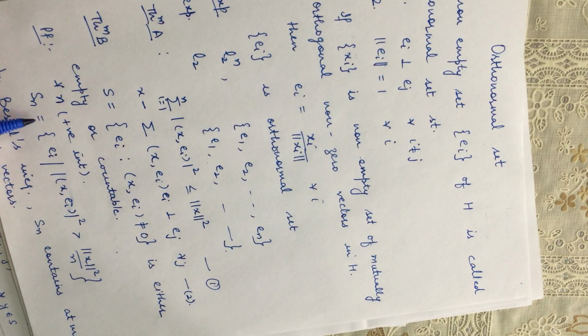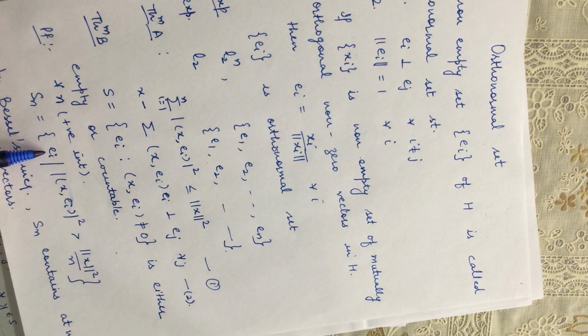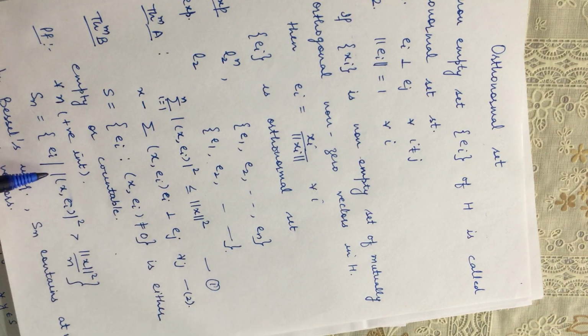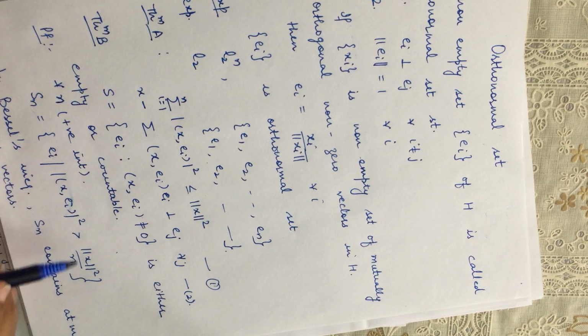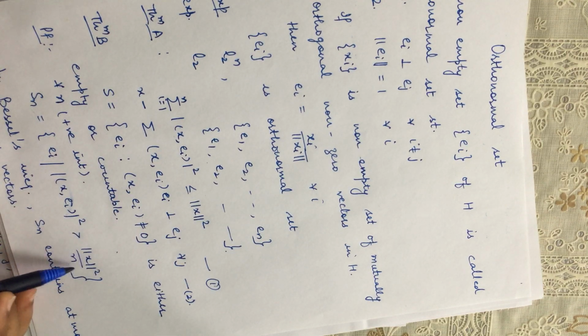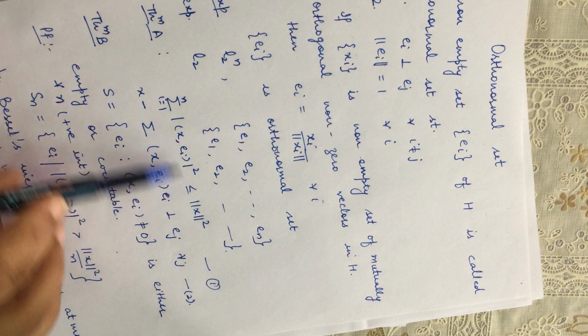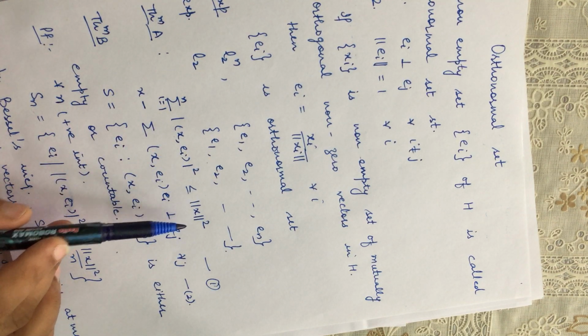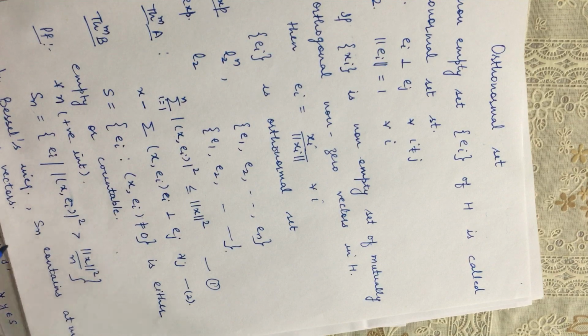If Sn contains n vectors, then for each vector contained in Sn, this modulus square is greater than norm x square by n. Then what is their sum? Their sum will be greater than n times norm x square by n, and that is equal to norm x square, which violates Bessel's inequality, which says this should be less than or equal to norm x square. So it means Sn contains at the most n minus 1 vectors.